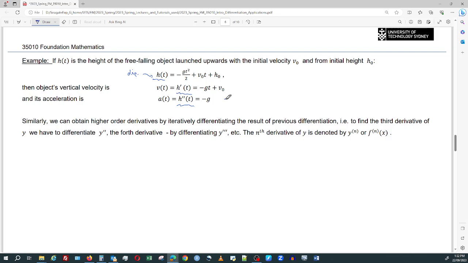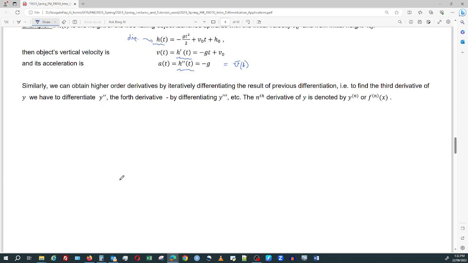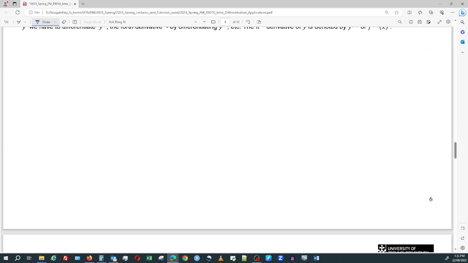I could also write that as the velocity differentiated. I think I did that earlier. So there's a relationship between displacement, velocity, acceleration, the differentials of one another. A very interesting idea there. So we can keep on doing derivatives, higher derivatives. That's important too.